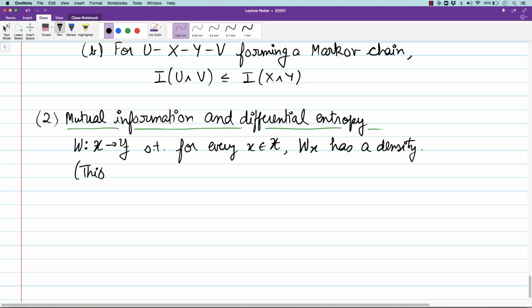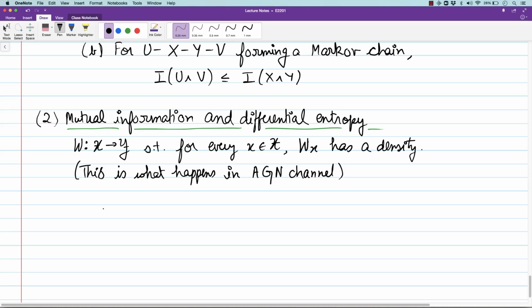This is what happens in the additive white Gaussian noise channel. So it has a density for every x, that channel. Suppose this is the situation.